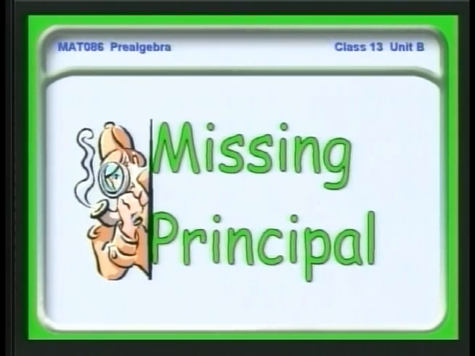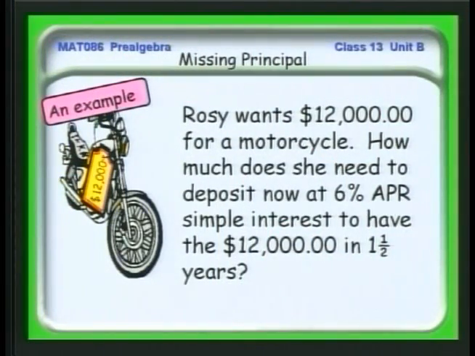Now let's turn this process around a little bit and look for a principal we might have, the initial amount of money we want to deposit based on information, how much money we finally have as a final balance, the percentage interest rate and the time and so forth. Let's use a problem to see how that works.